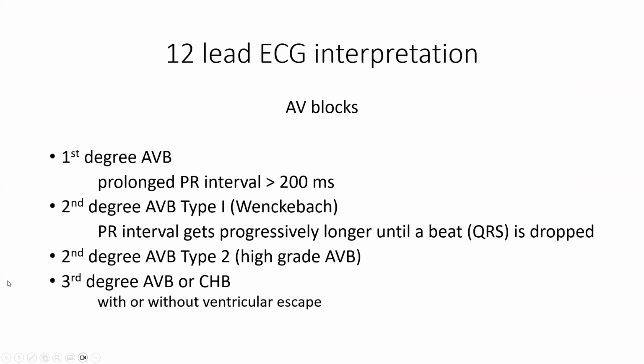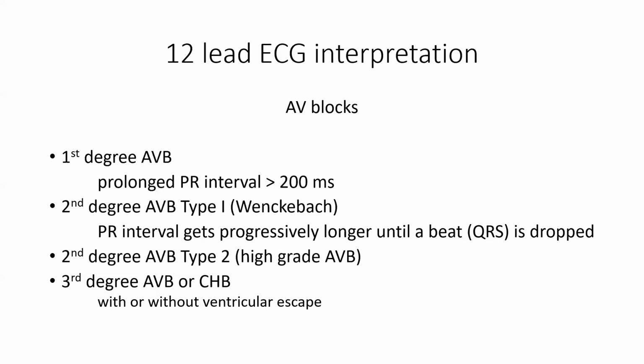Getting into the AV blocks, first degree, second degree, and third degree. First degree blocks are when that PR interval is greater than 200 milliseconds. Second degree type 1 is that winky block where the PR interval will get progressively longer until one beat is dropped.